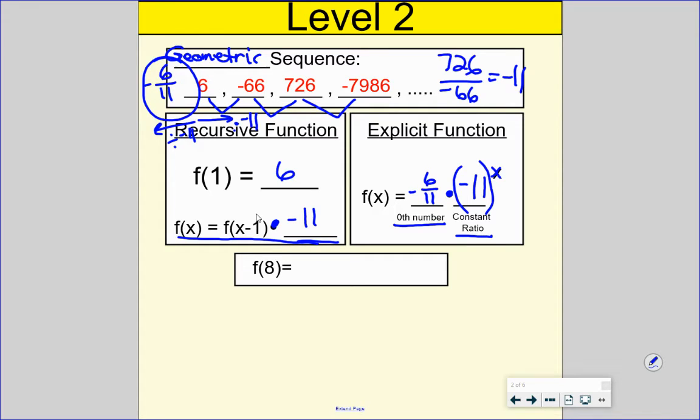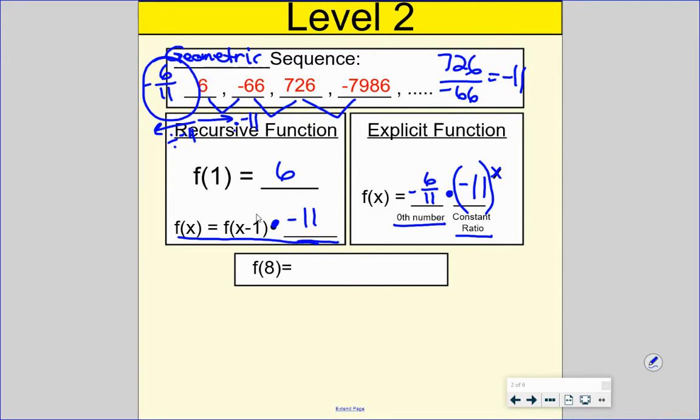Pull out your calculator. We're going to type in negative 6/11. And we're going to times that by, and we're going to use our parentheses, negative 11. And we're going to raise that to the 8th power because we want to see the 8th number in the sequence.